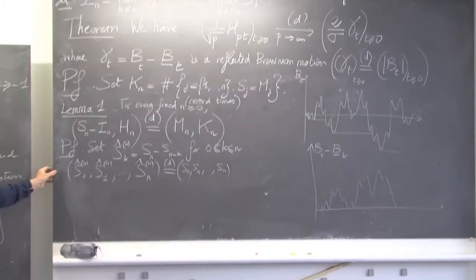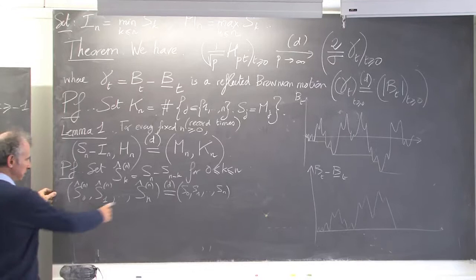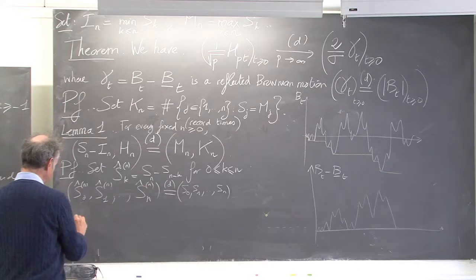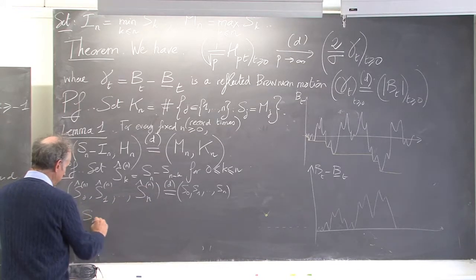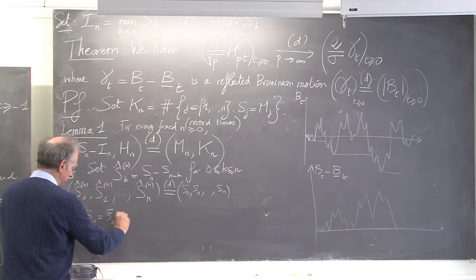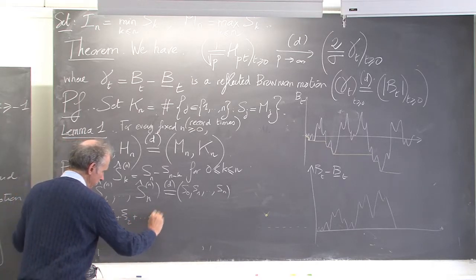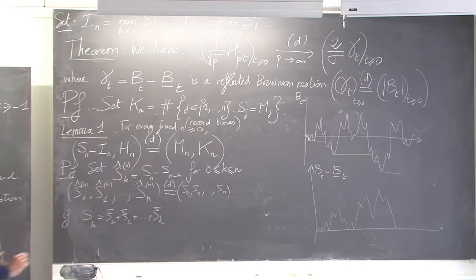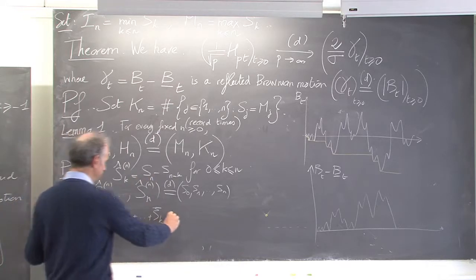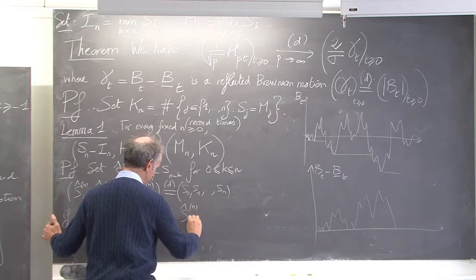Why is it true? You know that S is a random walk, so S_k is equal to psi_1 plus psi_2 plus and so on up to psi_k, where these random variables are independent with law nu.